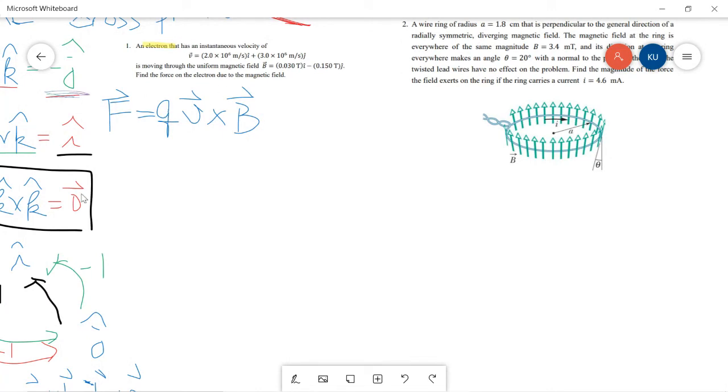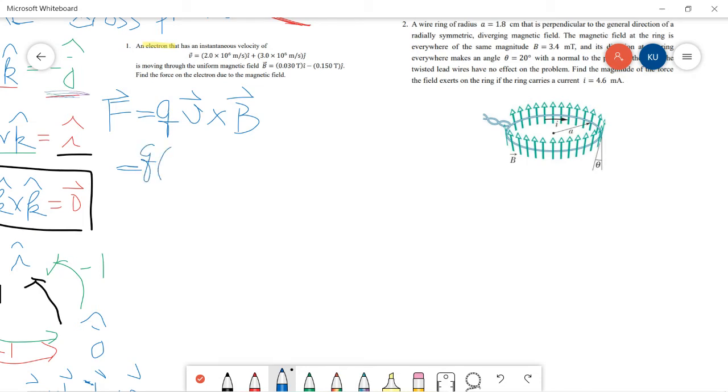So let's go back to here, after we know the operation for the cross product of the unit vectors in the Cartesian coordinate. We can substitute everything into here. So actually we have Q times Vx i plus Vy j.